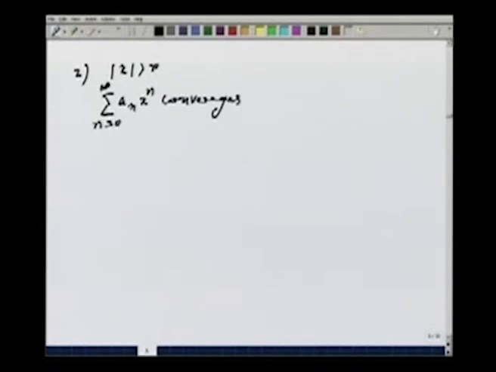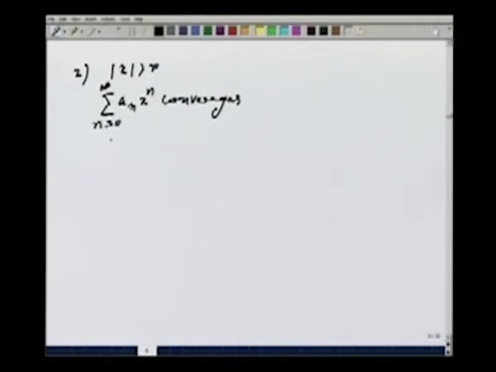If this happens, then by the definition of the radius of convergence, this implies that the radius of convergence must be bigger than or equal to mod x, because the radius of convergence is the supremum of all the mod x's for which summation a n x to the power n converges.